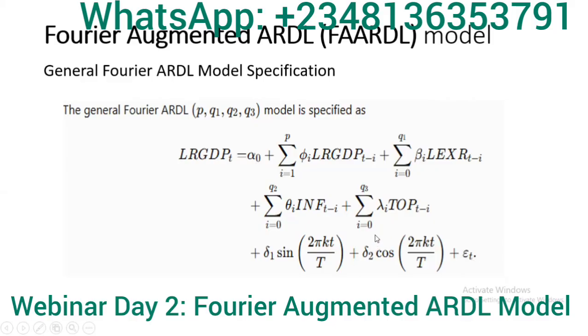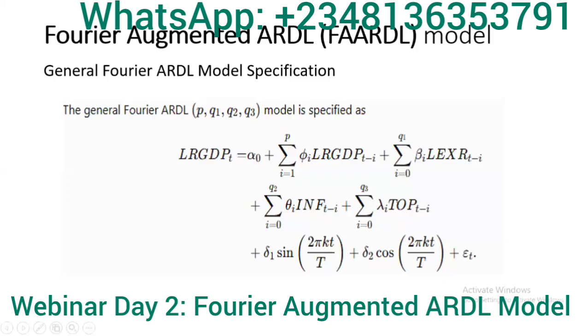These sine and cosine components together are known as Fourier terms. Once they enter the ARDL model, it becomes a Fourier ARDL model. But because we want to use the augmented bound test, we term this the Fourier augmented ARDL model.